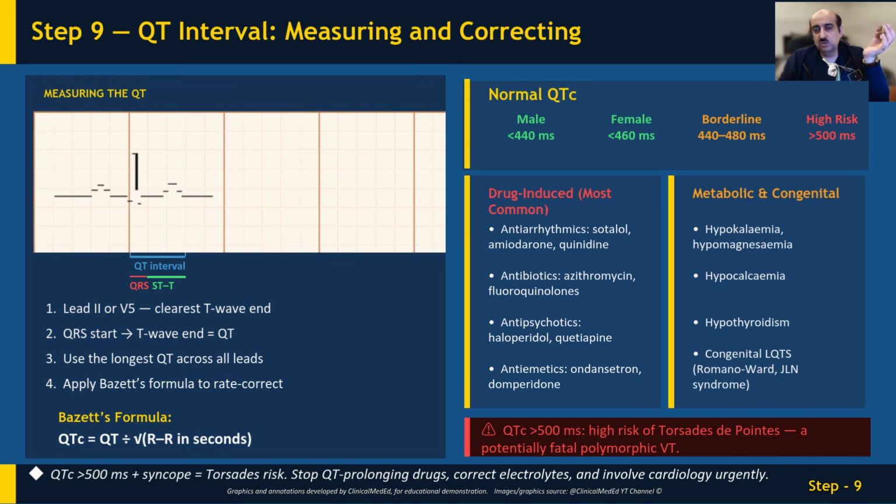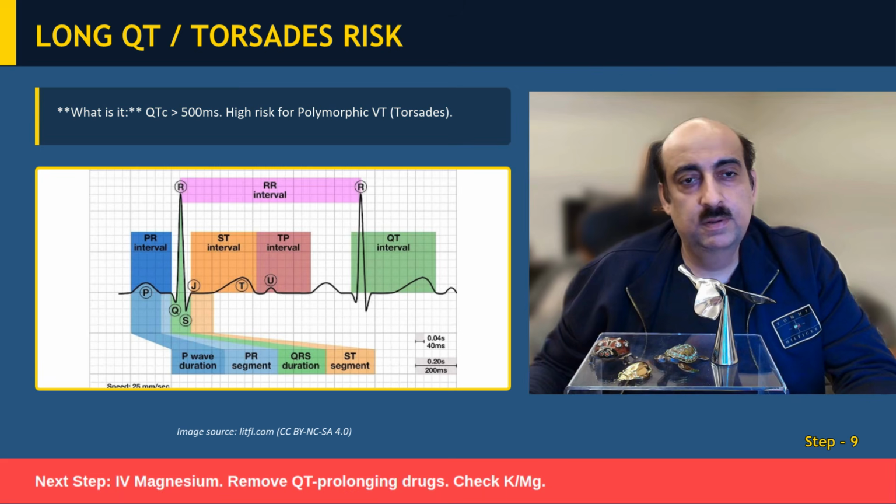Congenital long QT syndromes, Romano-Ward, and some of these syndromes can also contribute to the prolonged QT. In terms of the potential arrhythmias, ventricular tachycardia can occur, especially polymorphic VT, we'll come to that in a moment. That's why if there is a prolonged QT above 500, you need to check all these electrolytes and replace them as best as you can to minimize the risk and stabilize the cardiac membrane.